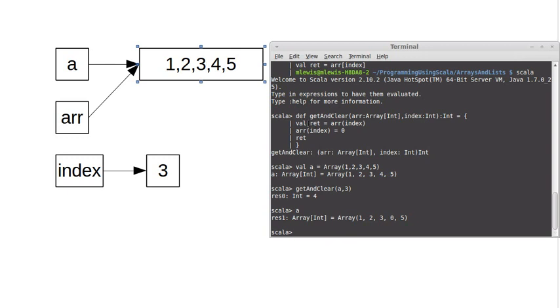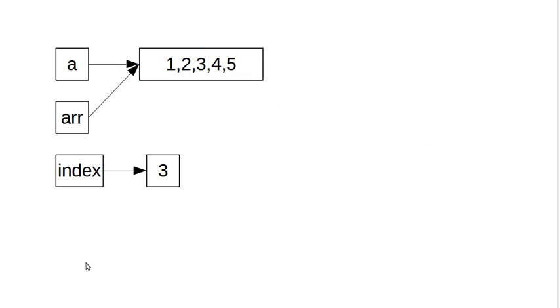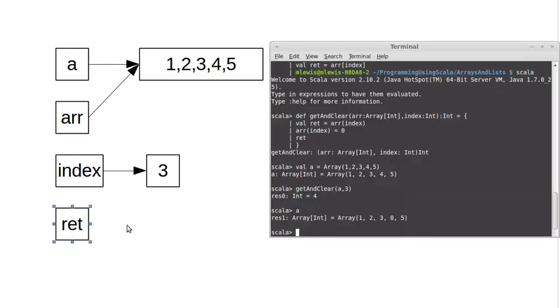Now what happens? Well, I create a local variable ret, so we're going to make a new variable called ret. And it's this next line that causes us a challenge in this view. This says that ret equals arr(index).